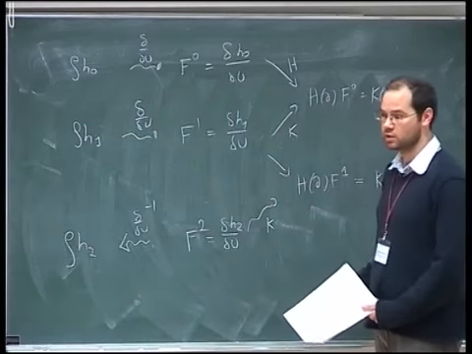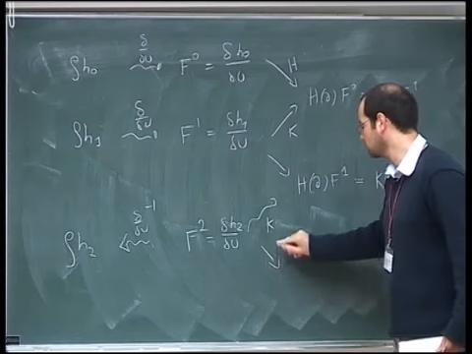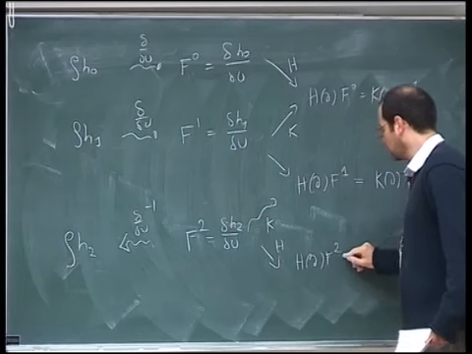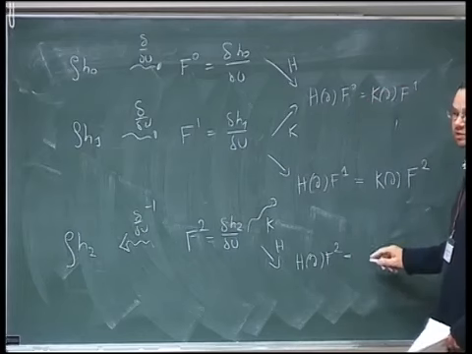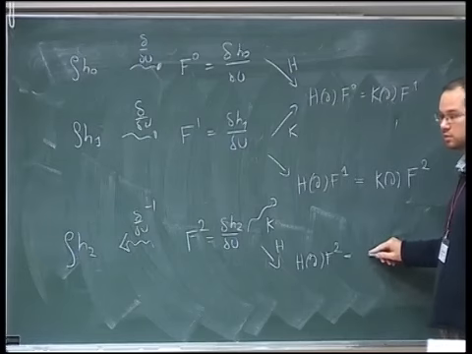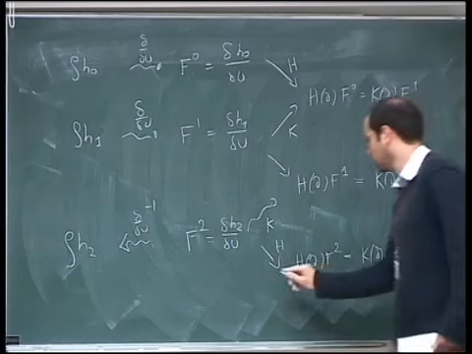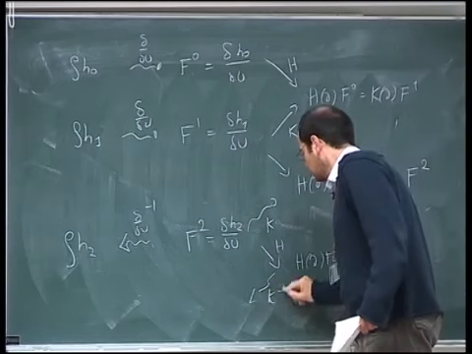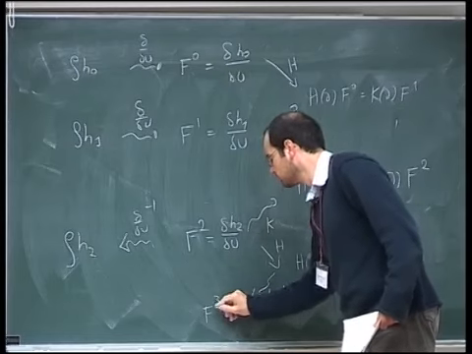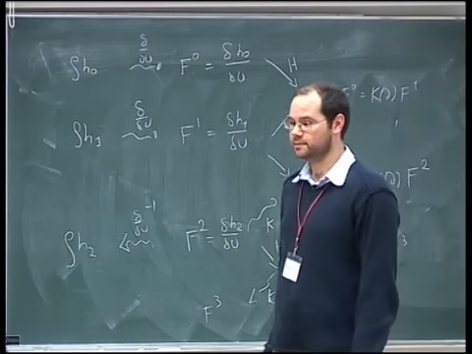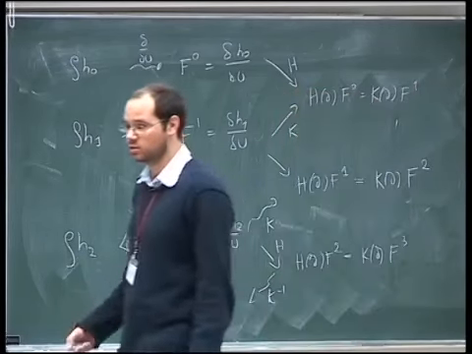And you keep going. You apply H to this, and you get H of D f2, which is in the image of K, so you write it as K of D f3. And then you invert K, and you get f3, which is a variational derivative, and you get h3, and so on. This is the algorithm to get all the integrals of motion.